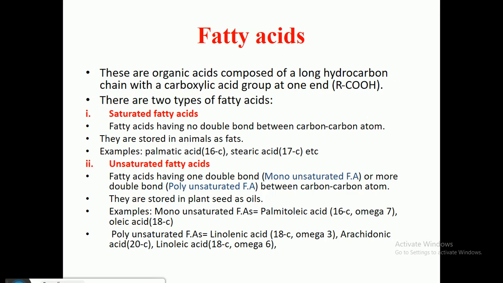The second type is unsaturated fatty acids. Unsaturated fatty acids are those fatty acids which have one double bond, meaning monounsaturated, or more double bonds in polyunsaturated fatty acids.